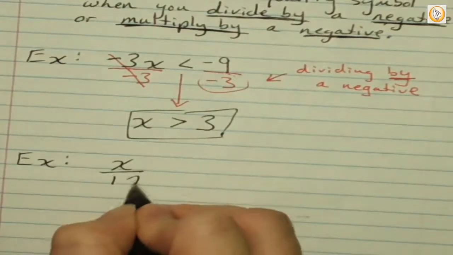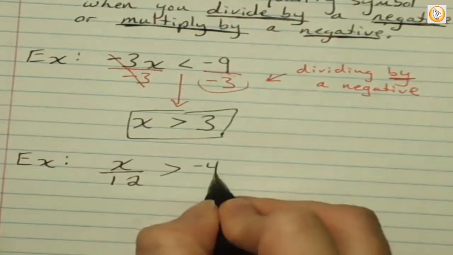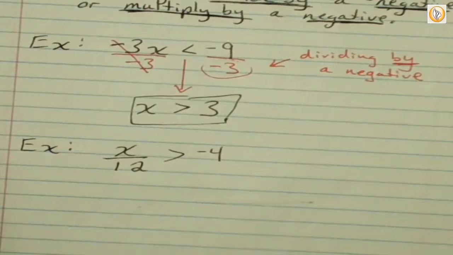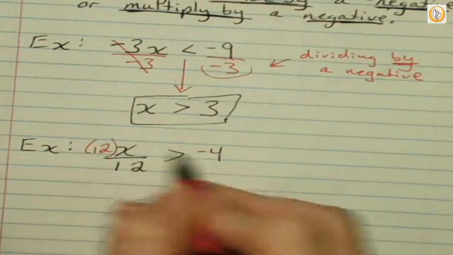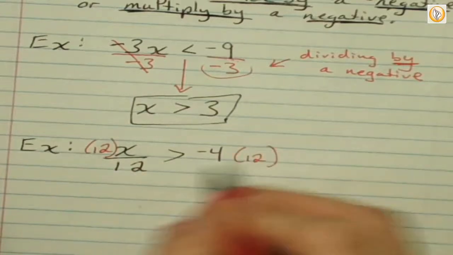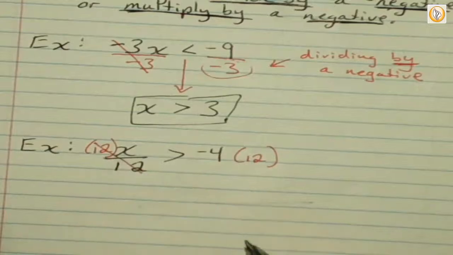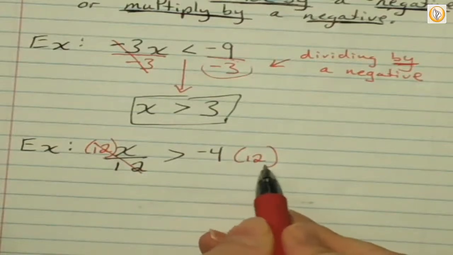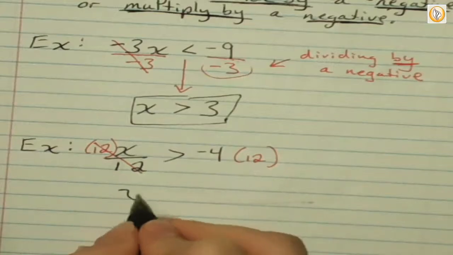X divided by 12 is greater than negative 4. How would I solve that one, chap? You multiply both sides by 12. That's right. I'm multiplying both sides by 12 because we're dividing here. We got to do the opposite. Those cross out. Now, am I multiplying by a negative here? No. So the sign does not flip here.